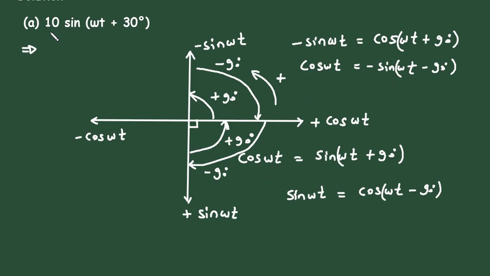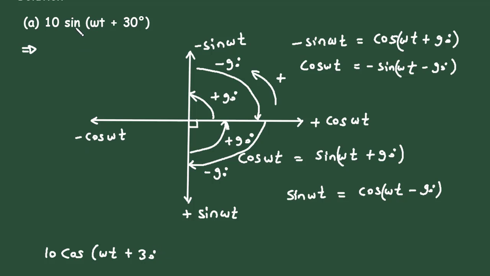Here we can see it is given plus sign. So plus sin omega t is given here. We want to convert it into cosine form. That means if we subtract 90 degree from this, it will become cos. So let's simplify this. It will be 10 cos omega t plus 30 degree.